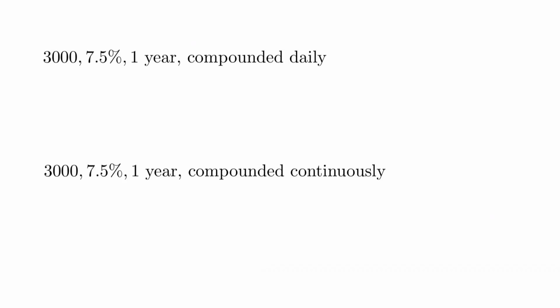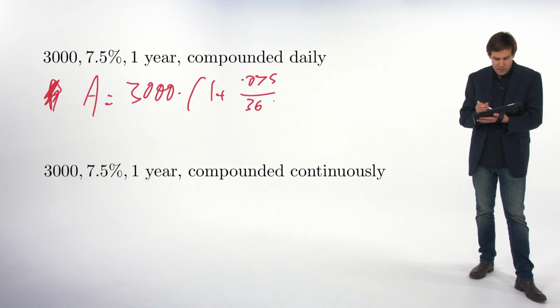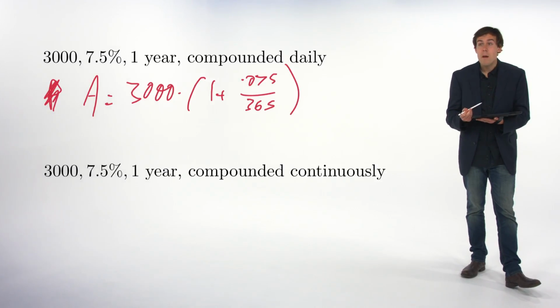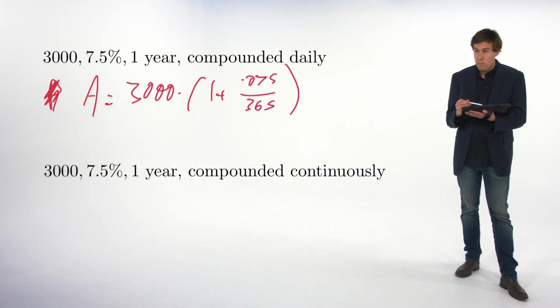Here, I've kept everything the same, except now I'm compounding daily. So the amount is equal to 3,000 times 1 plus 0.075. Now I divide by 365, which is bad for me if I'm the lender, but I get the benefit of having a larger exponent.